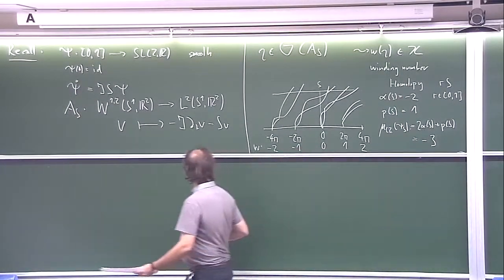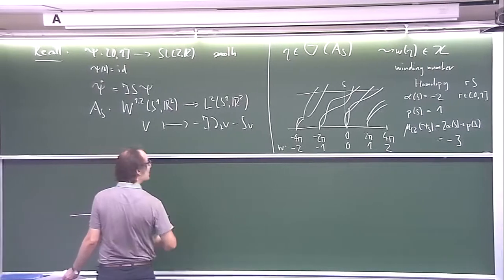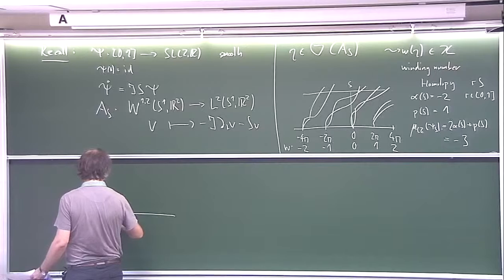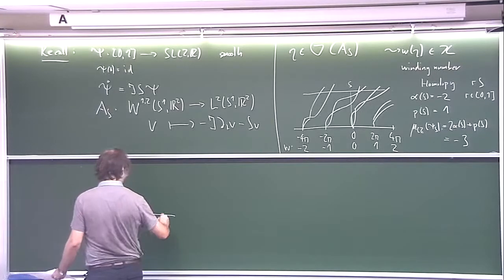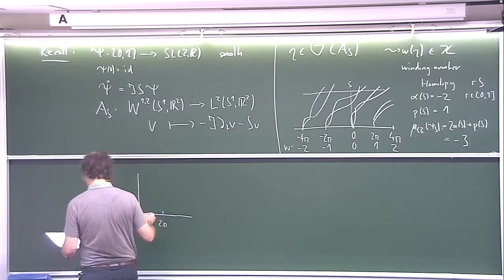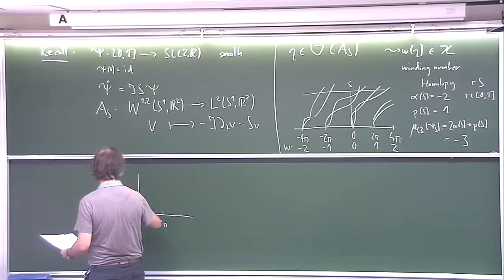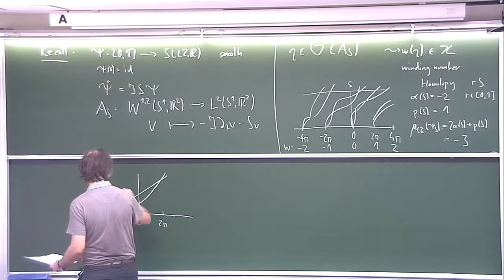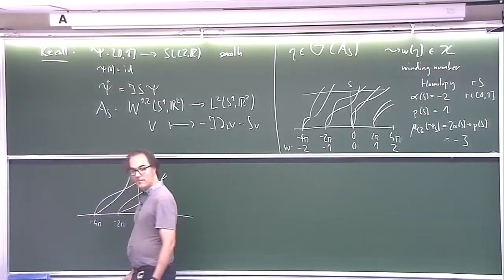And maybe let's look at a different example. So if we have minus 2 pi, 0, 2 pi, and so on. And now let's assume they cross. But from this family, one crosses, but the other one doesn't cross.